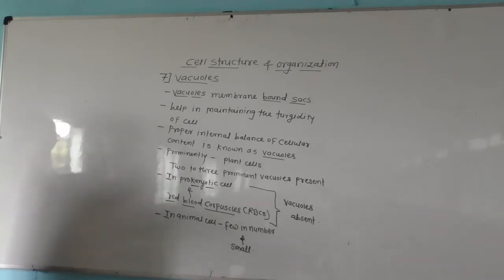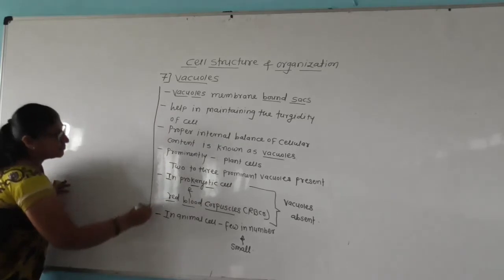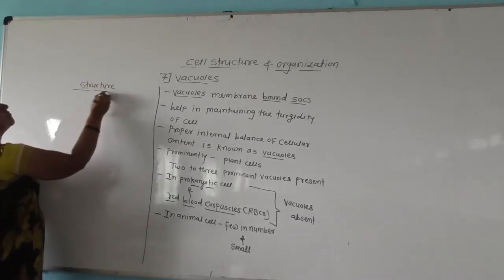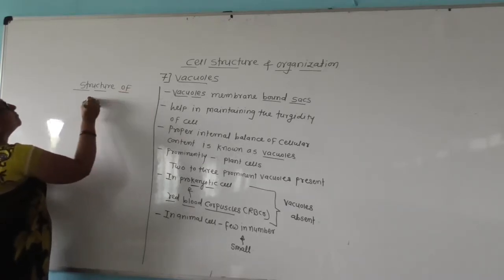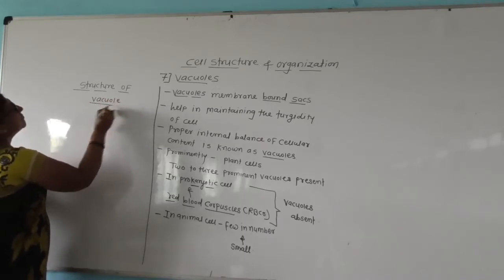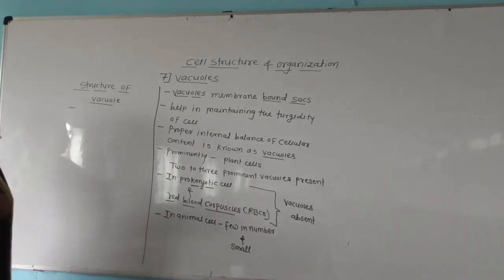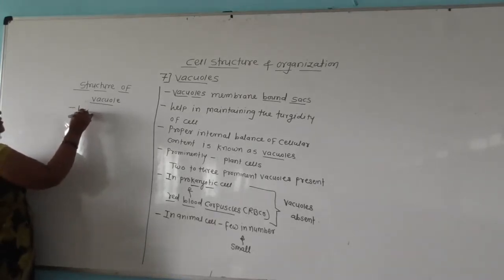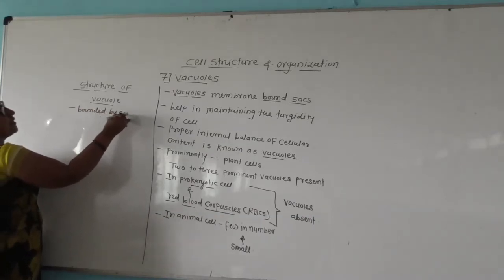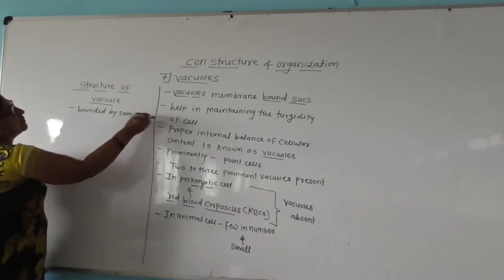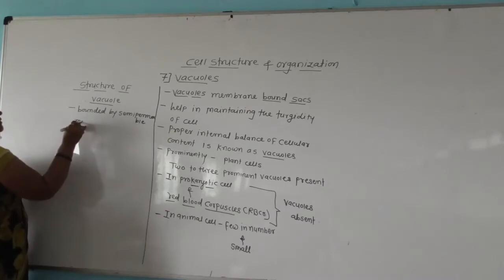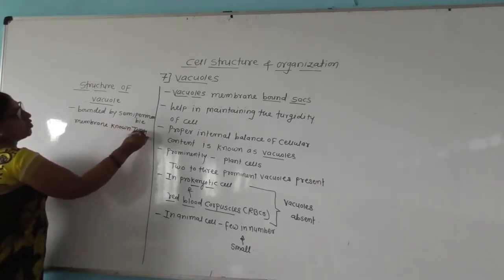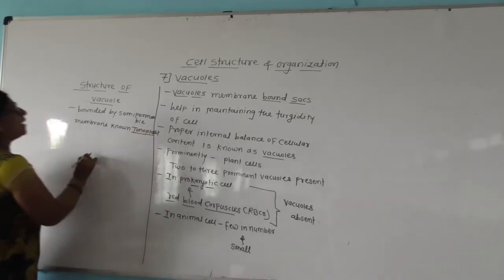Then the structure of vacuole. Vacuoles are bounded by a semi-permeable membrane known as tonoplast.